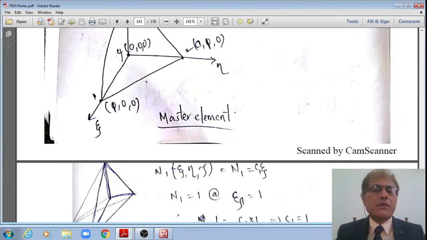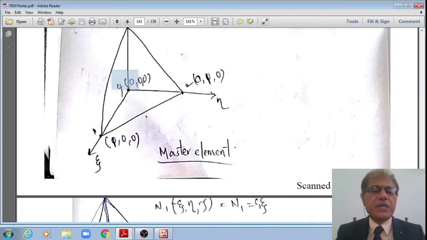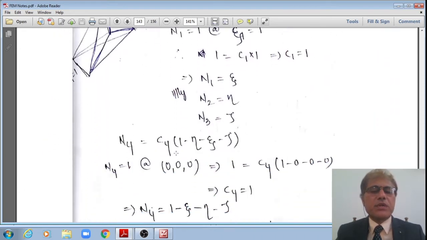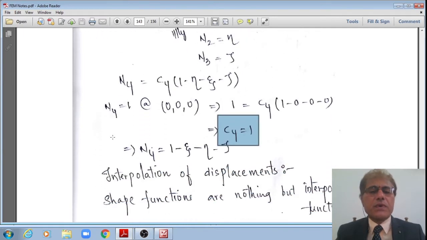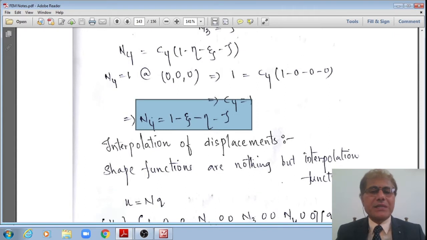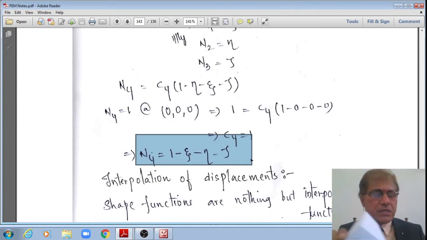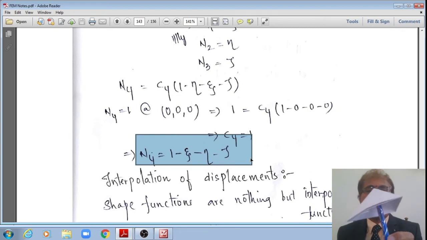However, from the properties of the shape functions, n4 is equal to 1 at its own node, the fourth node 0, 0, 0. Substituting which, I'll get c4 is equal to 1, or n4 is equal to 1 minus xi minus eta minus zeta. These are the four shape functions, students, for this four node tetrahedron element.